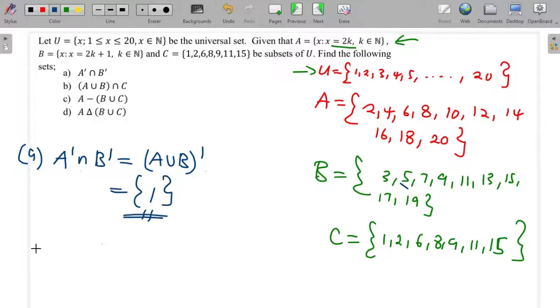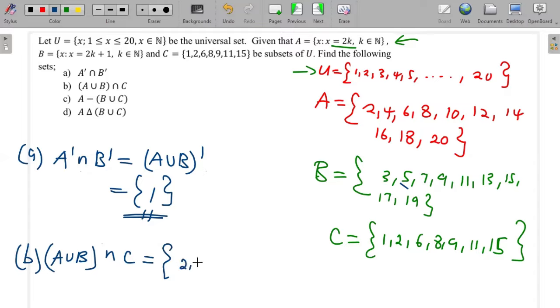Okay, and then what's the next one? A union B intersection C. Okay, this is what I have. So A union B, it's not 1.